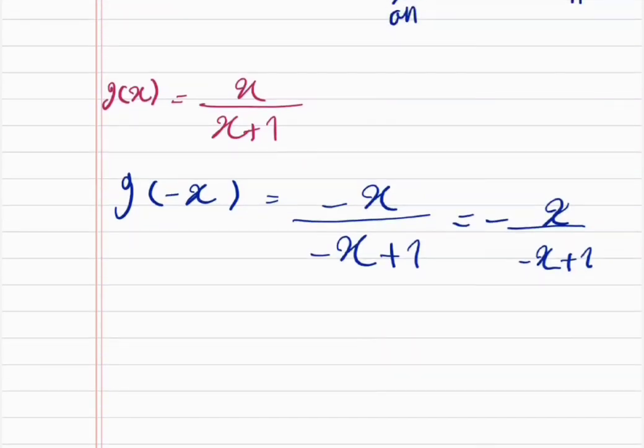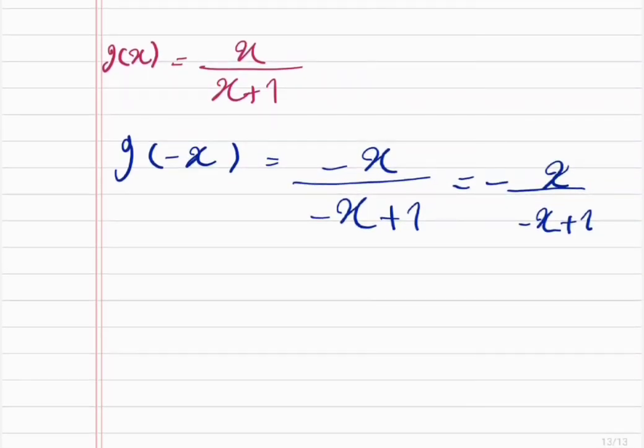As you can see, this form doesn't look familiar to us, because if this function were an odd function, then we would have to get something like this: minus x over x plus 1.